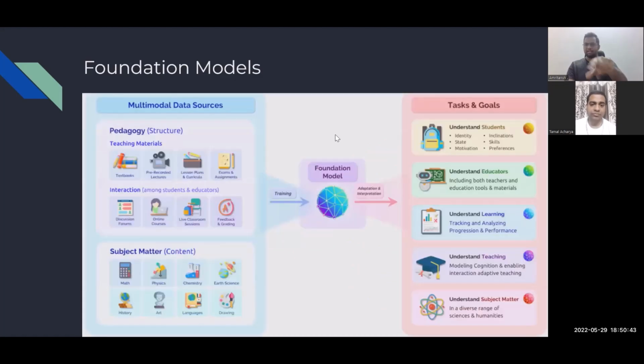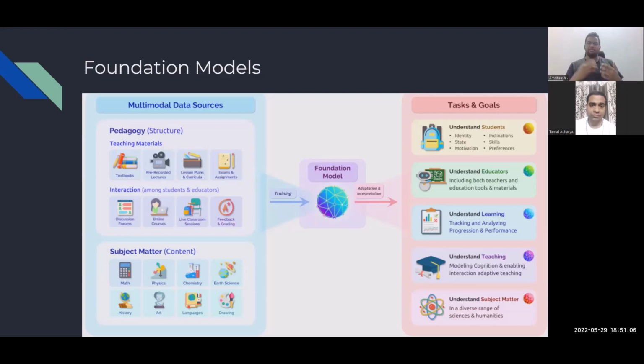And again, another example here, which is pretty good according to me, is that this can be utilized, let's say, in pedagogy. While teaching itself, we can think about building this kind of system where we have various teaching materials, which could be textbooks, recorded lectures, curriculum, exams, and assignments and whatnot. And then you merge them with subject matters.